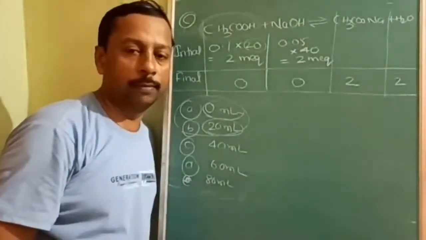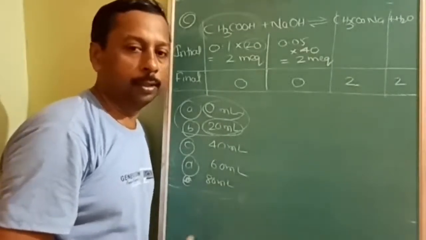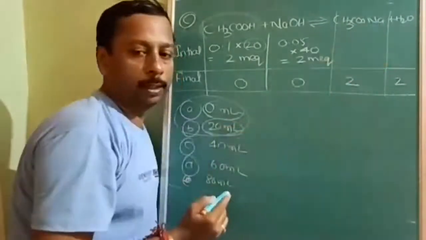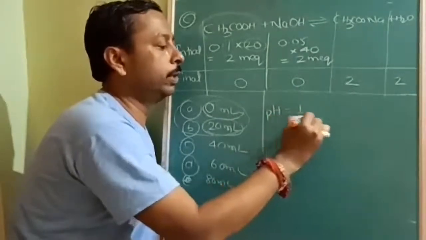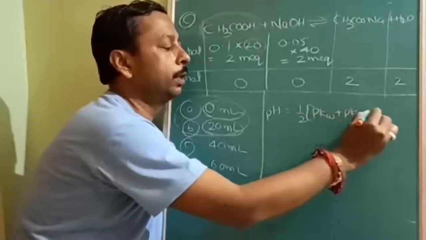We will use the salt hydrolysis formula. Why? Because this is a salt of weak acid and strong base. So formula we will use is pH is equal to 1 by 2 into pKw plus pKa plus log C.